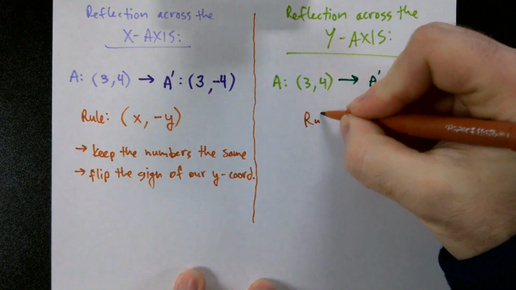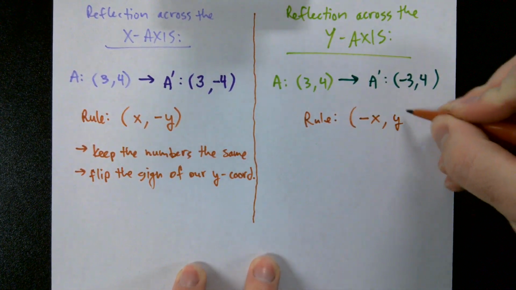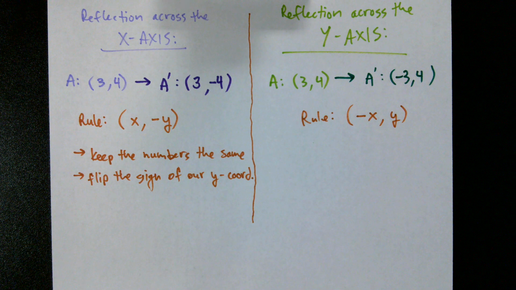So our rule for reflecting across the y-axis is (-x, y). So when we flip it across the x, we change the y. When we flip it across the y, we change the x.